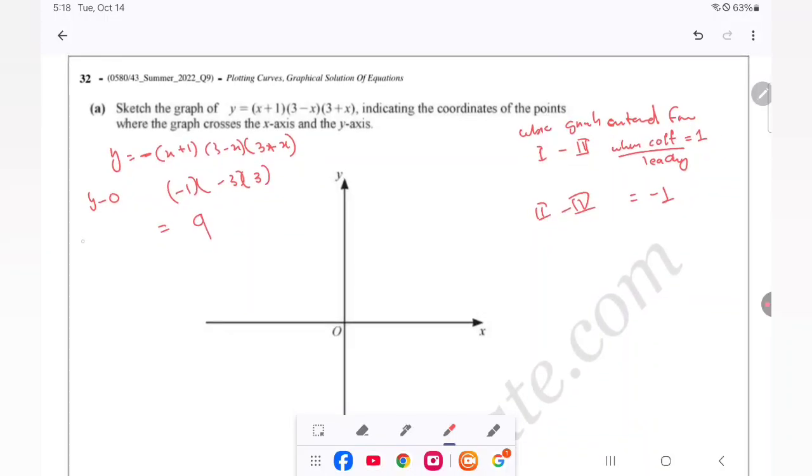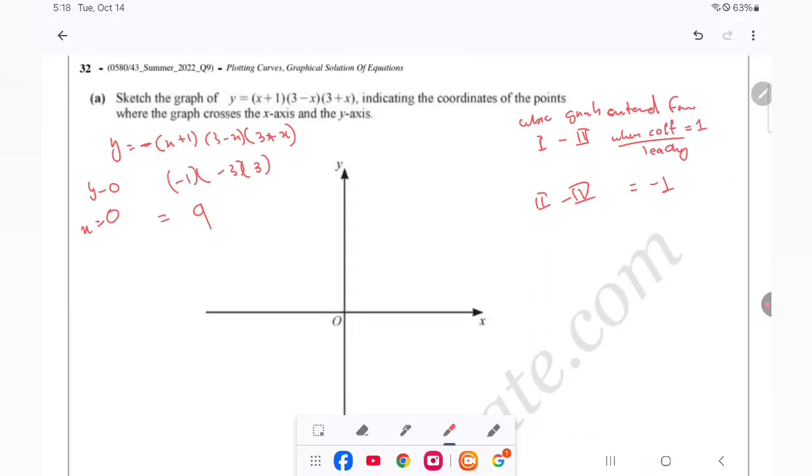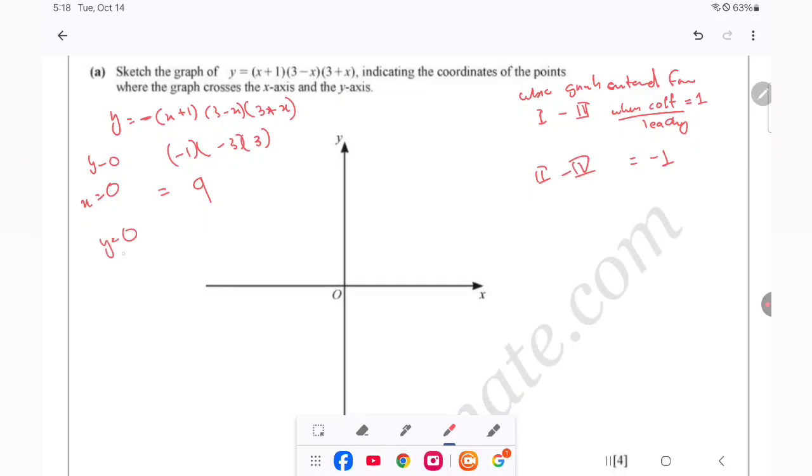For the x-intercepts, it will give you -1, 3, and -3.